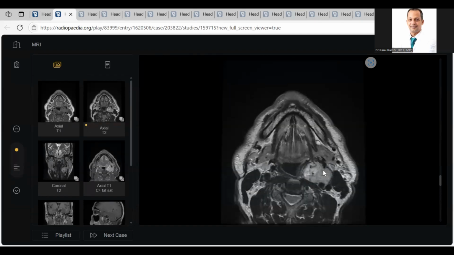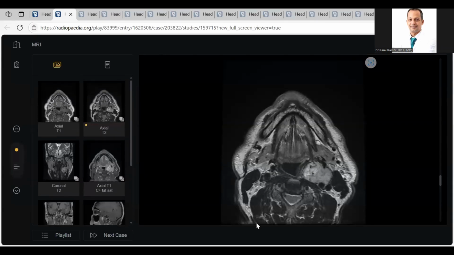This salt and pepper appearance is due to punctate regions of hemorrhage or slow flow. This is the salt, the white, the high signal, and flow voids. This is the pepper.